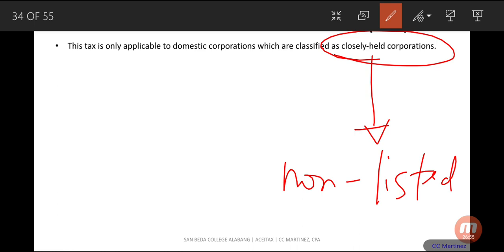Ibig sabihin, kung ang stock mo is traded sa stock market or ikaw ay isang listed company, hindi sa'yo nag-a-apply itong improperly accumulated earnings tax. Okay?